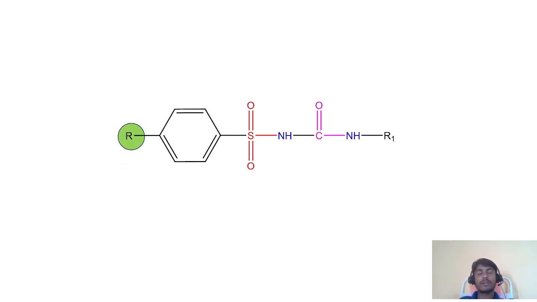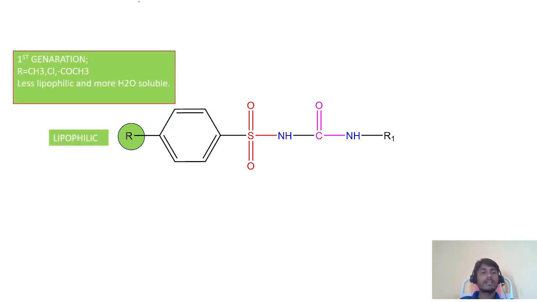When it comes to the structure activity relationship, the R position is lipophilic. That is in the case of first generation. We have discussed first and second generation. In first generation, the R group is methyl, chlorine or acetyl group: tolbutamide, chlorpropamide and acetohexamide.